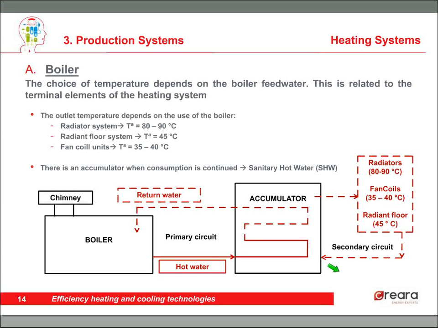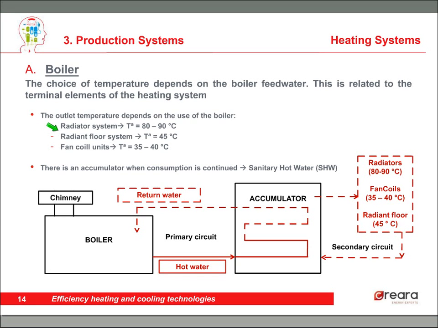Well, this is more or less what was said before, but the choice of temperature depends on the boiler feed water, and this is related to the terminal elements of the heating system. So depending on your terminal units, you're likely to select one boiler or another, a conventional or a condensing boiler.